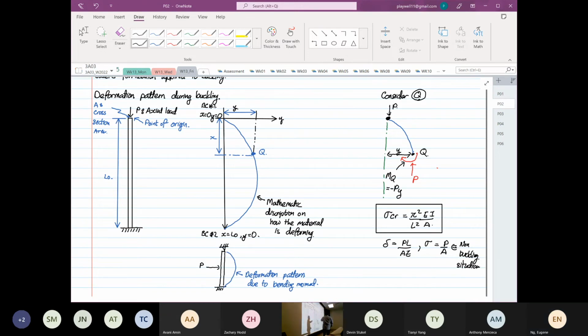You could understand why we have E, why we have I. Why we have second moment of area is more or less explainable, because the failure is similar to bending moment. Then why are we doing an L squared at the denominator, divided by A? So I'm trying to show you what is going on.